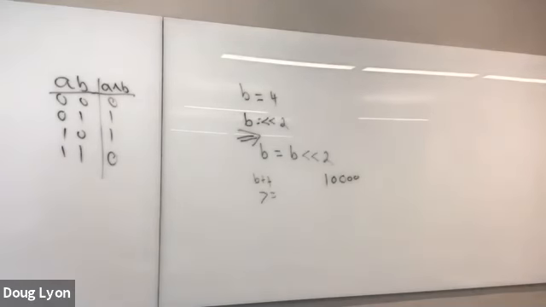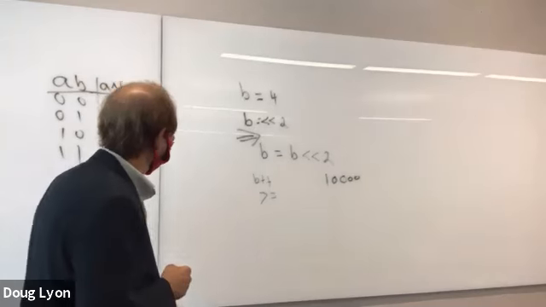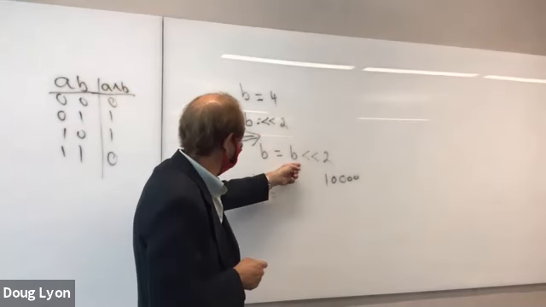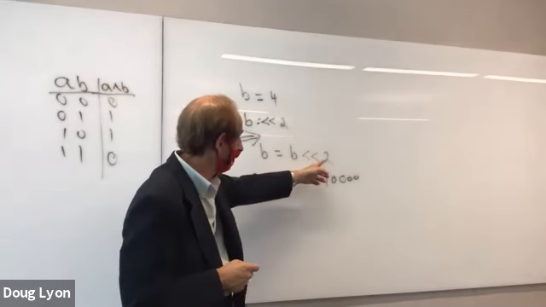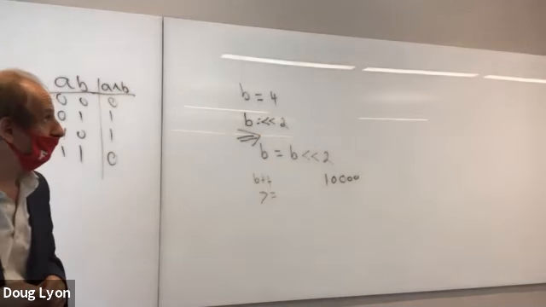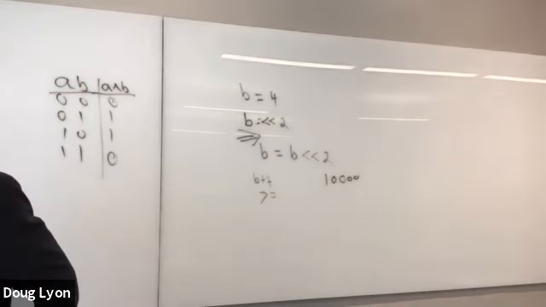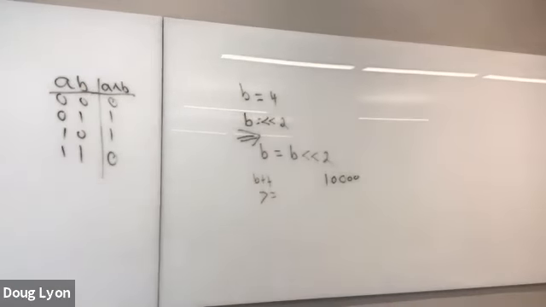It is 16 because shift 2 is the same as B equals B times 4. Right? So this is the same as B equals B times 4. That's like multiplying by 2 to the 2, which is 4. So what does the shift do? It moves the numbers.